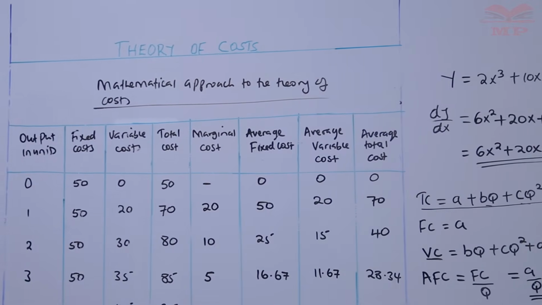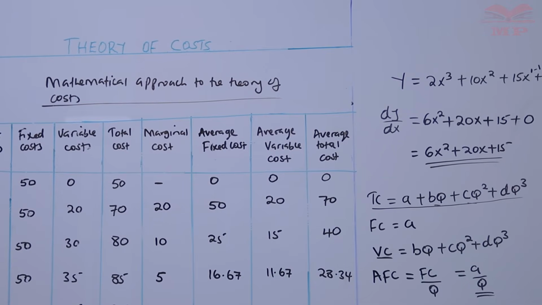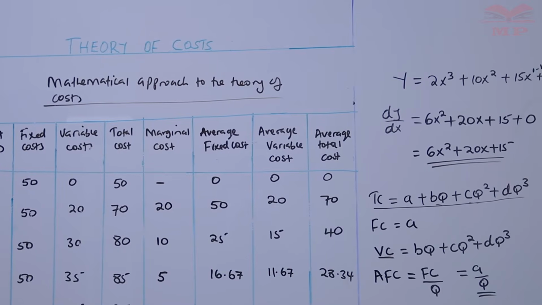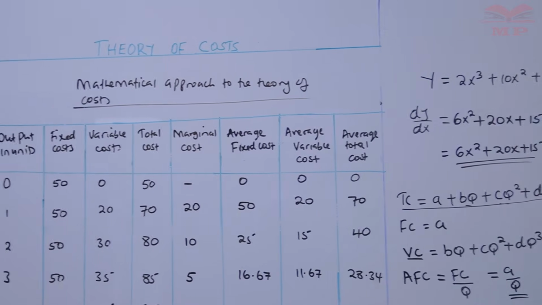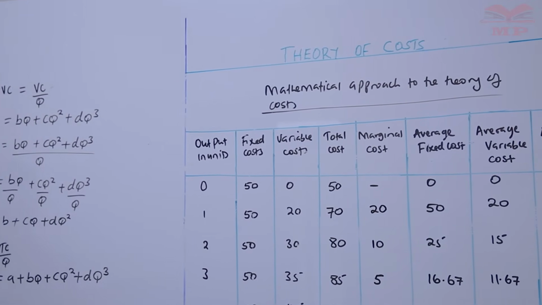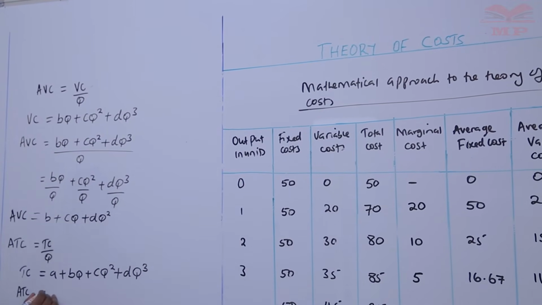If TC equals A plus BQ plus CQ squared plus DQ cubed, then to get average total cost, we are dividing the whole of this by Q, which is the same as A over Q plus BQ over Q plus CQ squared over Q plus DQ cubed over Q. So what will ATC be equal to?